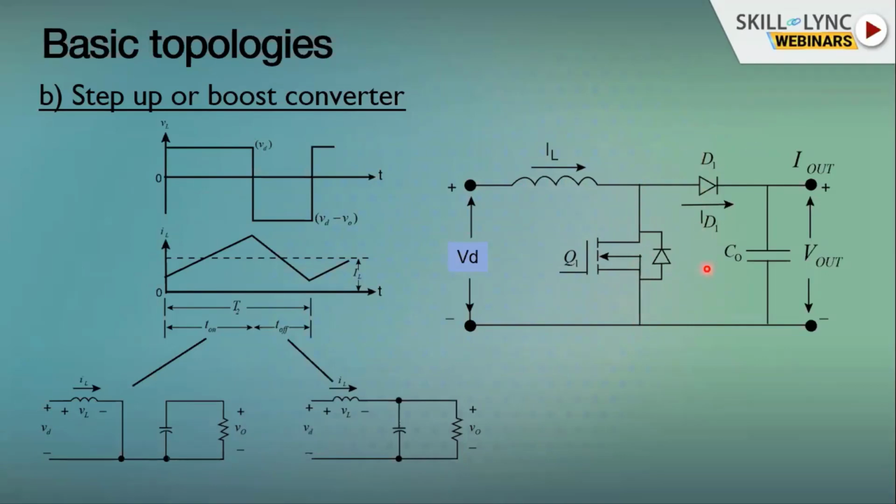So this part will be isolated and no current will flow. The circuit will behave like this: Vd goes to the inductor and directly closes the loop, with no current or voltage appearing across the load side. So this part will be electrically isolated.